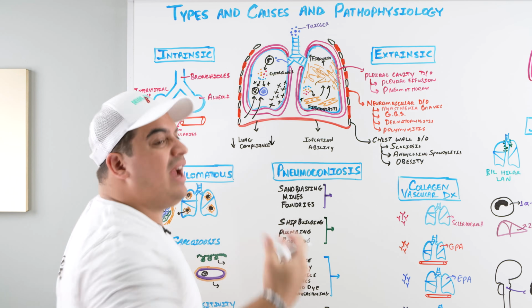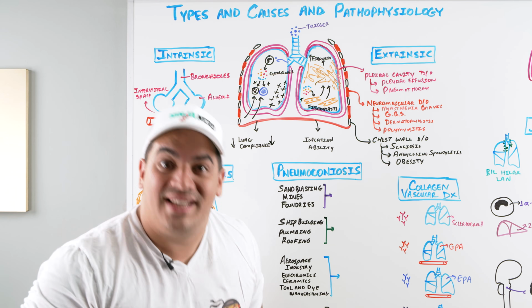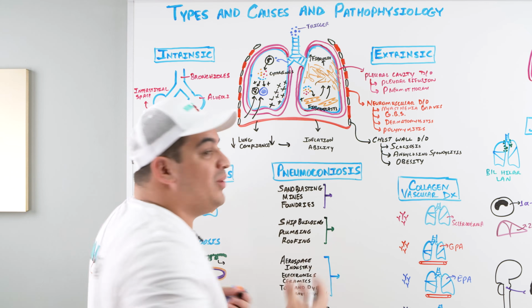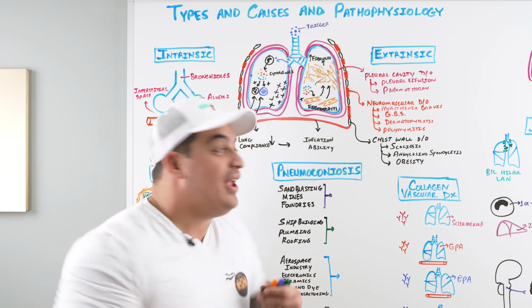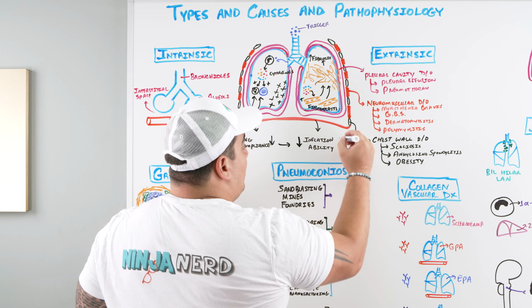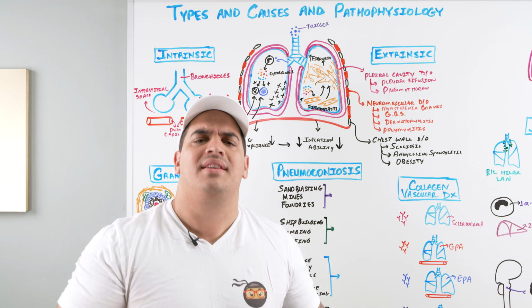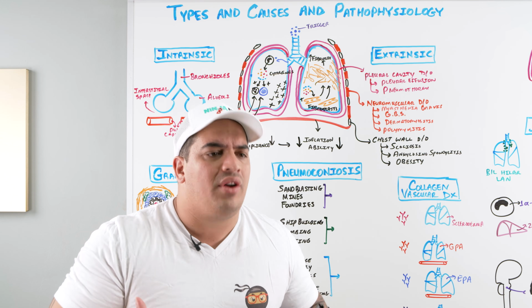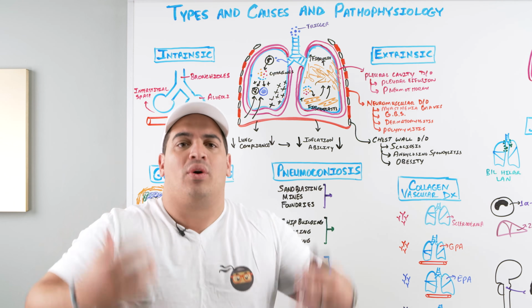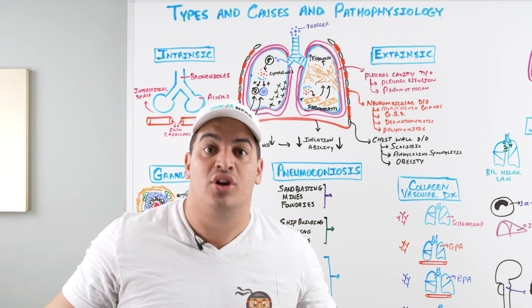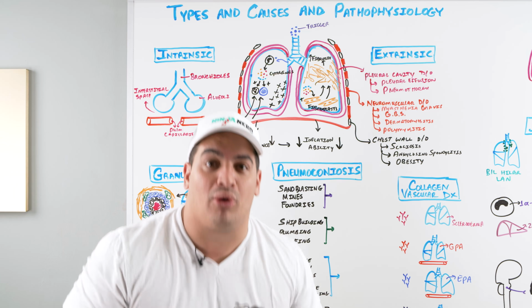Their ability to stretch is reduced, and subsequently their ability to inflate and take in air is reduced. So we call restrictive lung diseases the diseases where patients aren't able to inhale as much volume of air in comparison to normal lungs due to excessive fibrosis.